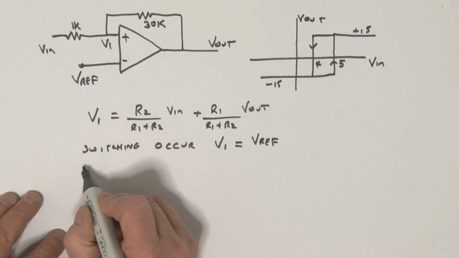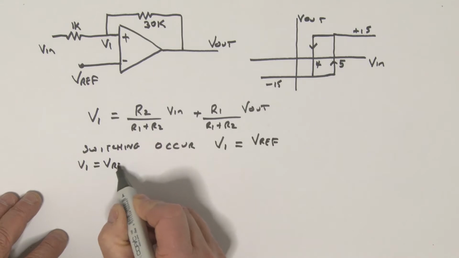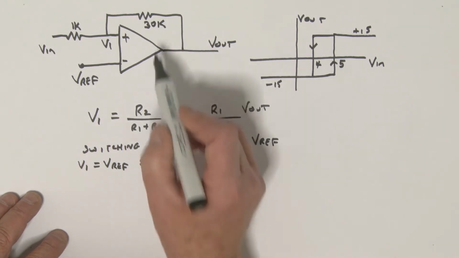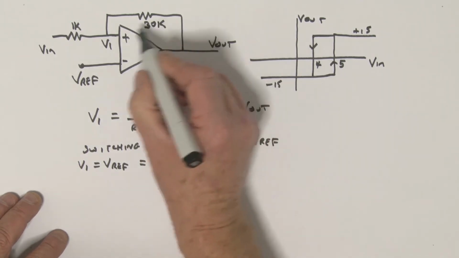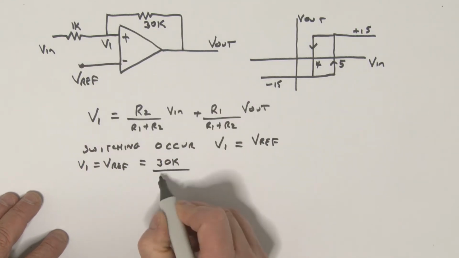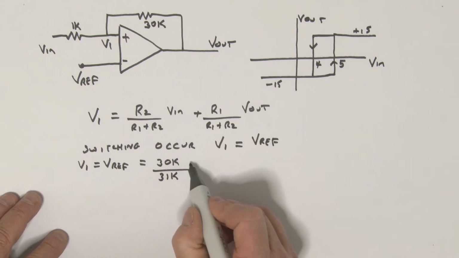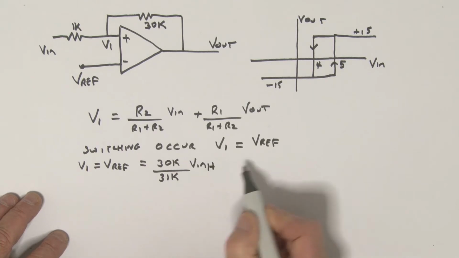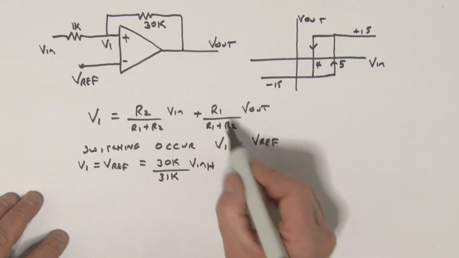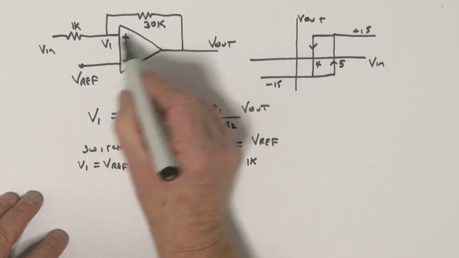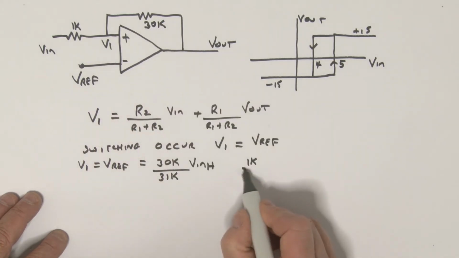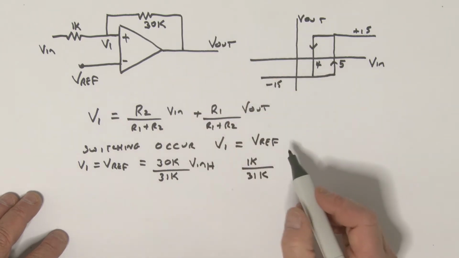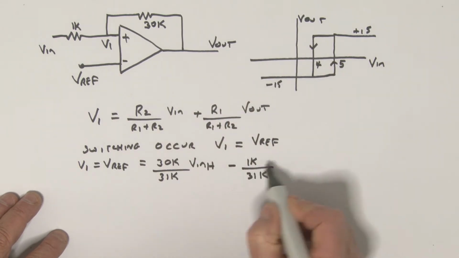So V1, the reference voltage at switching, is equal to R2 over R1 plus R2, which is 30K over 31K, times V in, which is V in H, plus R1, which is 1K, over R1 plus R2, which is 31K, times the output voltage, which we're assuming to be minus 15.